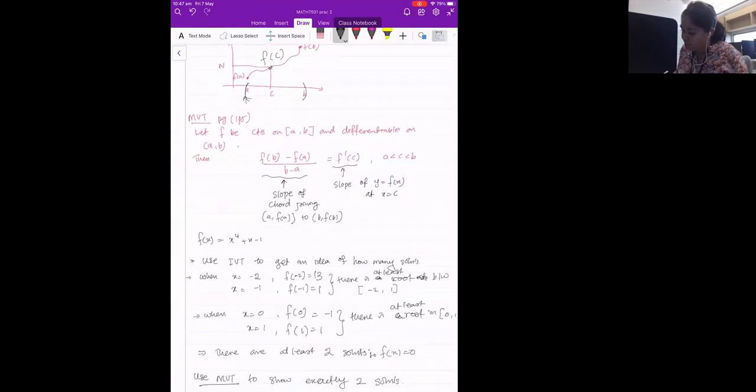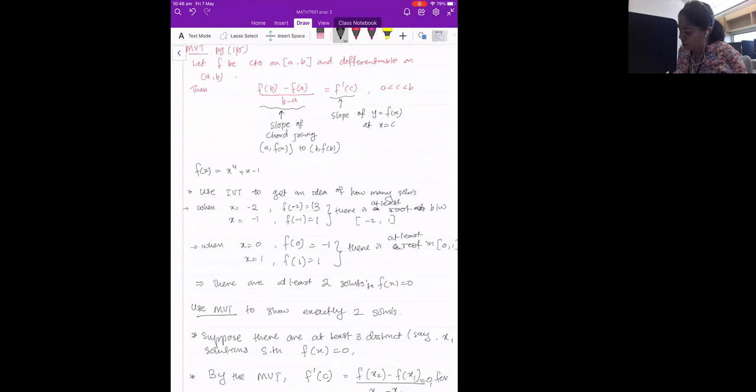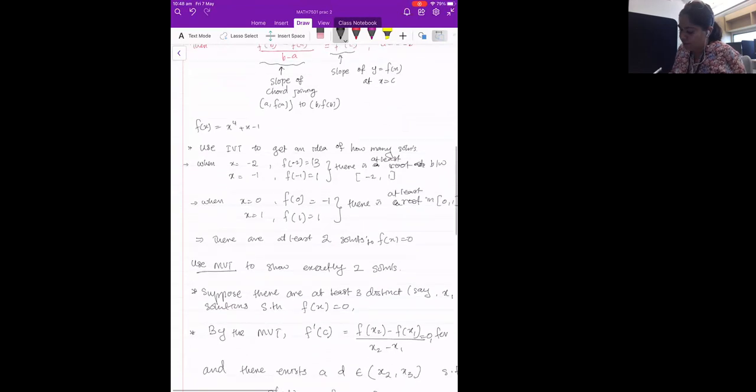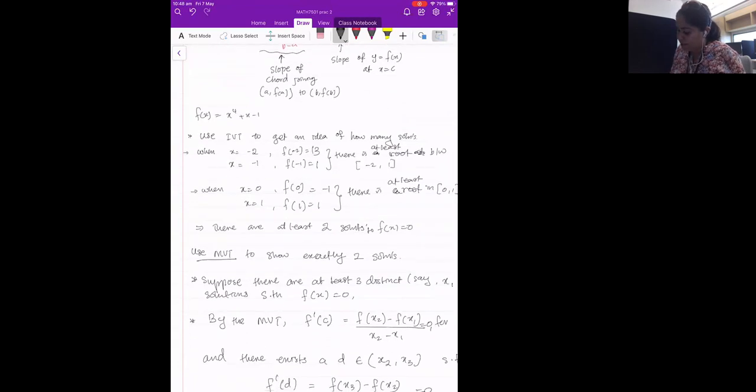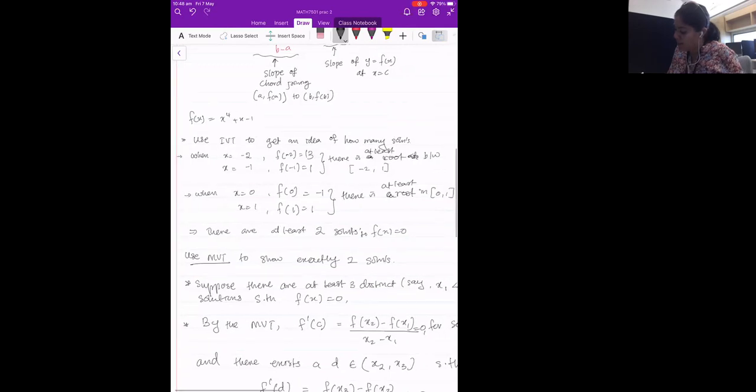How are we going to use that to show that this function has exactly two real roots? First, let's look at two points, x equals -2 and x equals -1. At these two values you have two different numbers, so there is at least one root between -2 and -1.